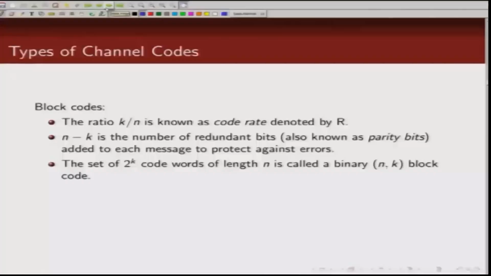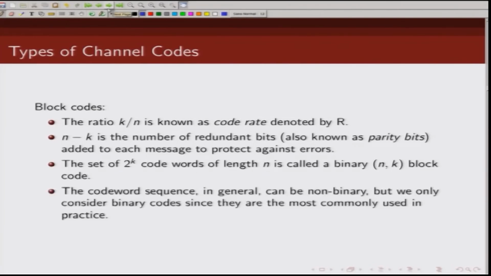So, a binary (n, k) block code consists of 2^k code words, each of length n. These code words need not be binary, and the same theory mostly applies to non-binary code words as well, but we will restrict our discussion to binary code words.